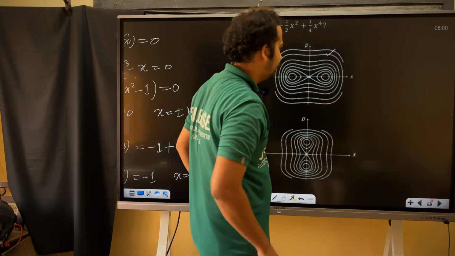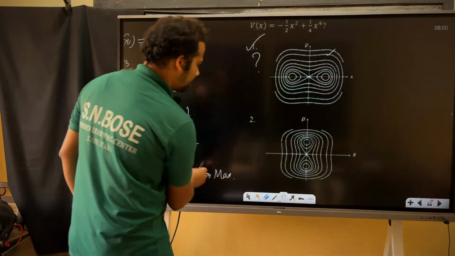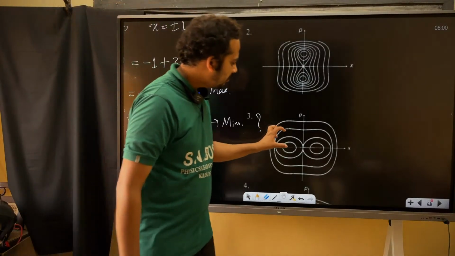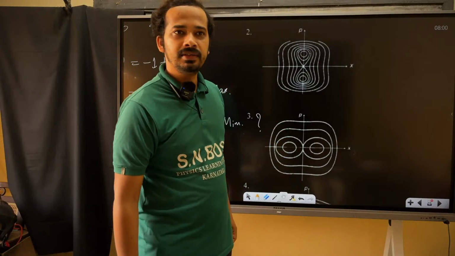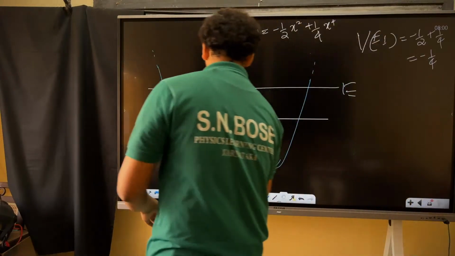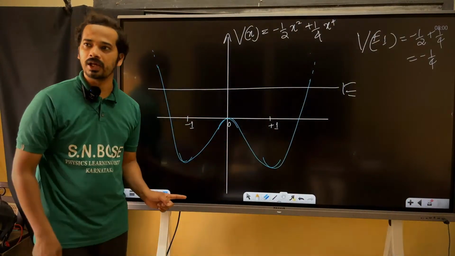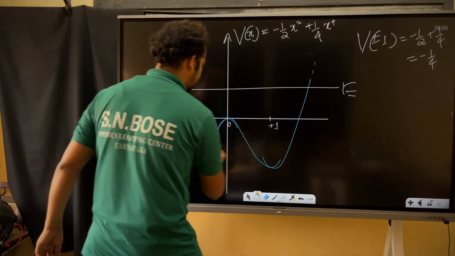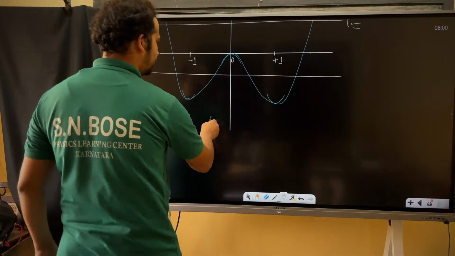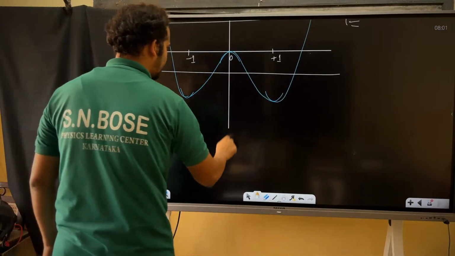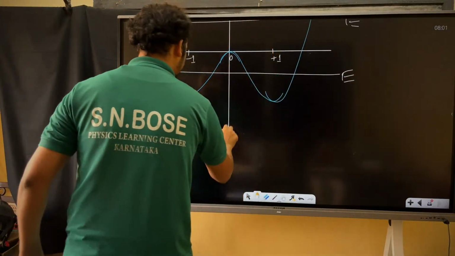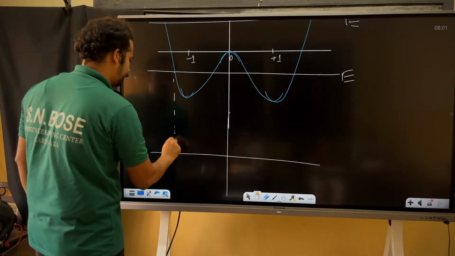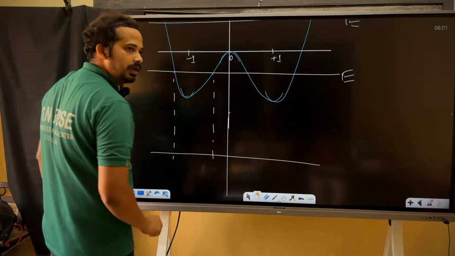But whether this option or option 3, option 3 contains a perfect ellipse, am I right? I mean, these are not perfect parabolas. If they were perfect parabolas, then suppose you have this energy, corresponding to this energy, if I draw the phase space trajectory, this will not be a perfect ellipse, am I right?